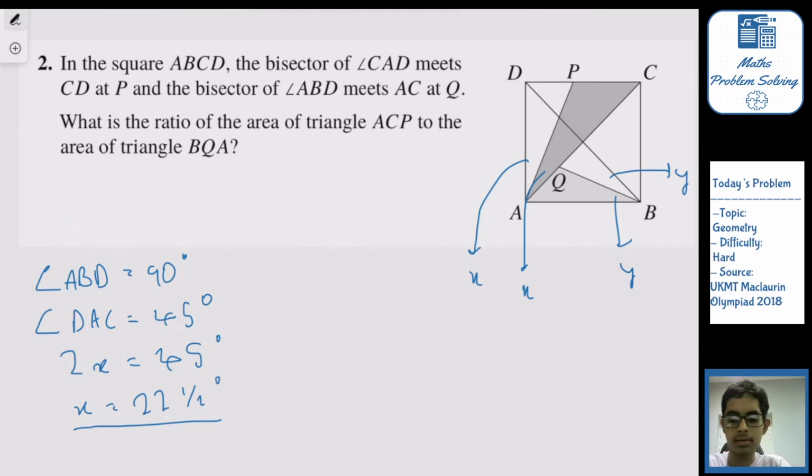So that's going to be helpful hopefully later on. And I guess a similar thing would apply for y, because angle ABD equals 45 degrees, and 2y equals 45 degrees, therefore y also equals 22.5.